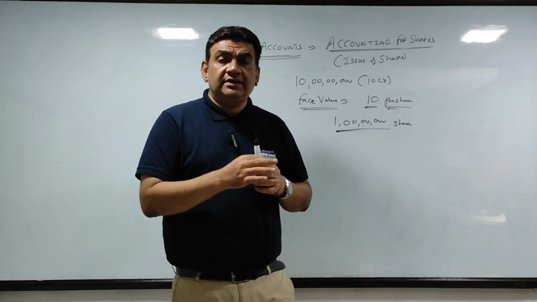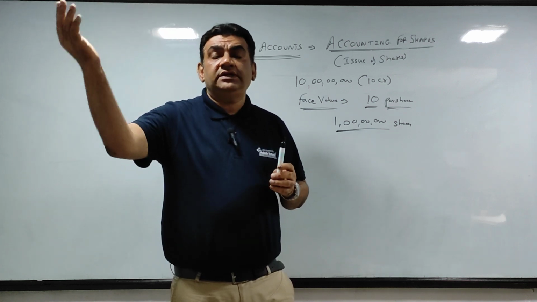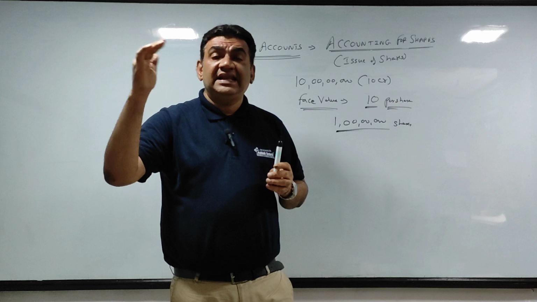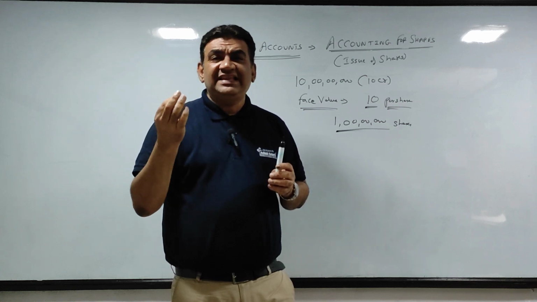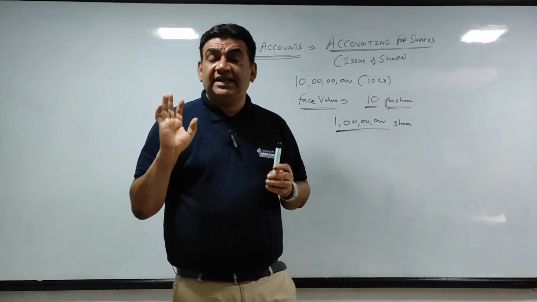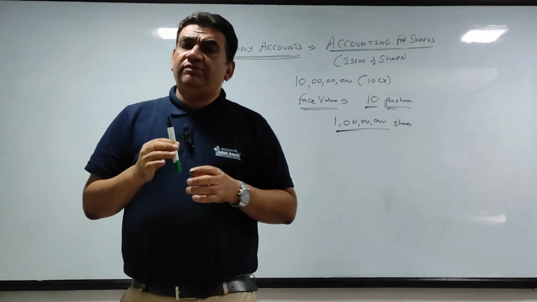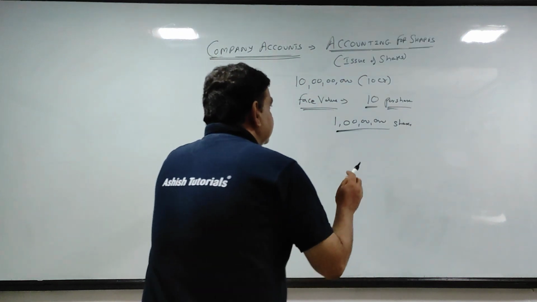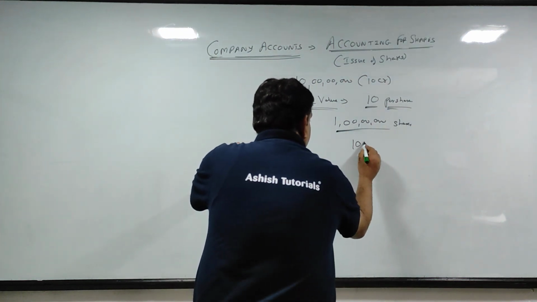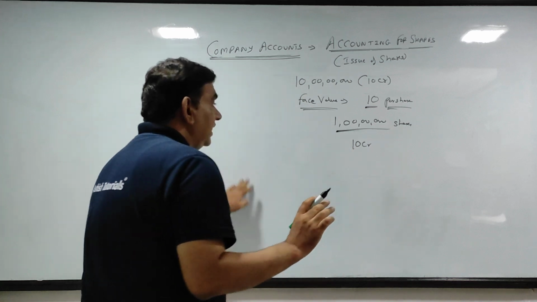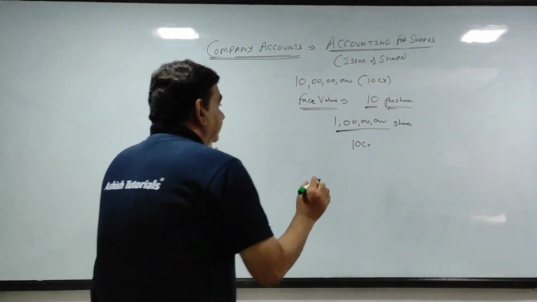Company wants a total of 10 crore rupees. When people apply, they can get more than 10 crores. They can get less than 10 crores. Very rarely will they get exactly 10 crores. From the objective point of view, say for example, the requirement is 10 crore. They get exactly 10.